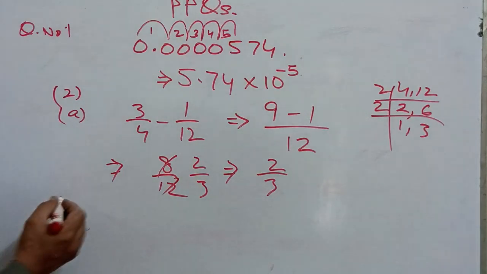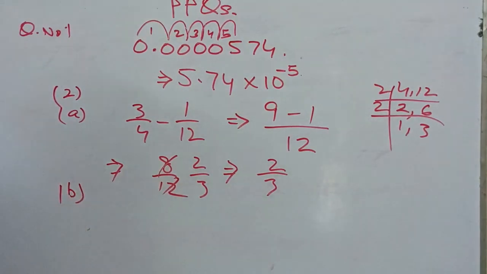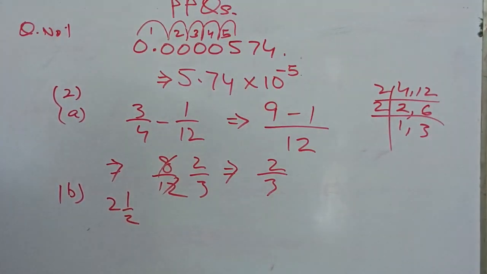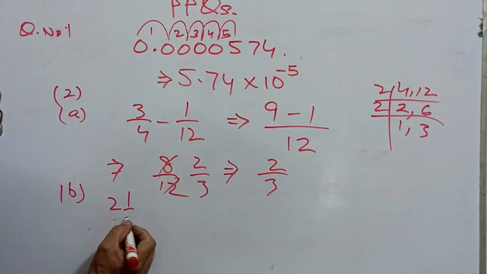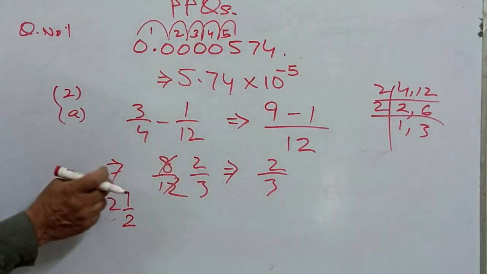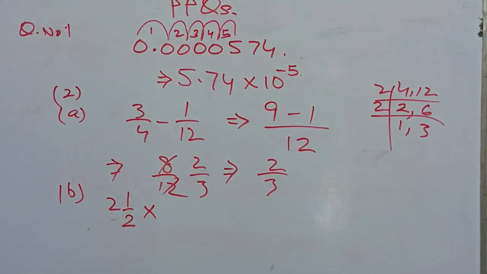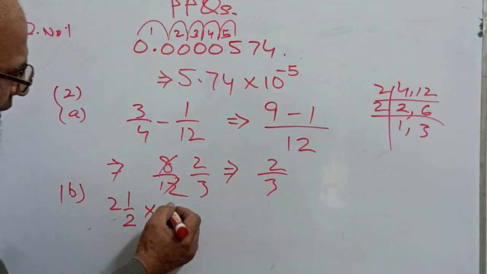Part B of the same question. Oh, it is very much easy. 2 and 1 by 4 multiplied by 4 upon 25.